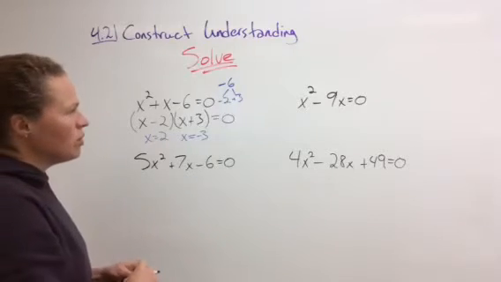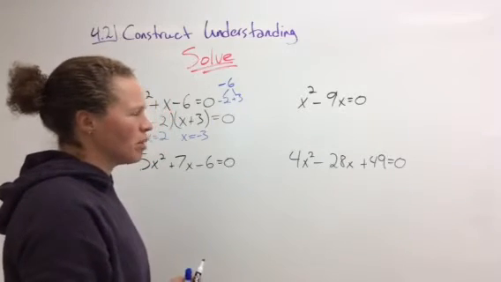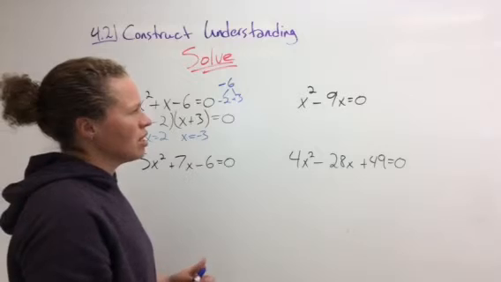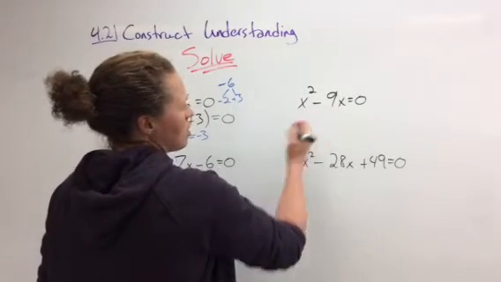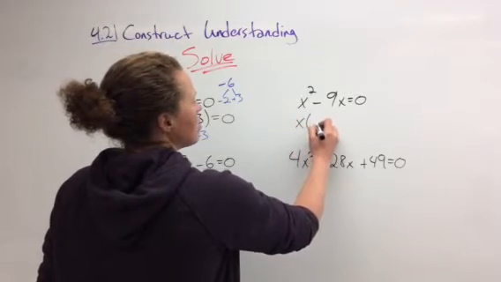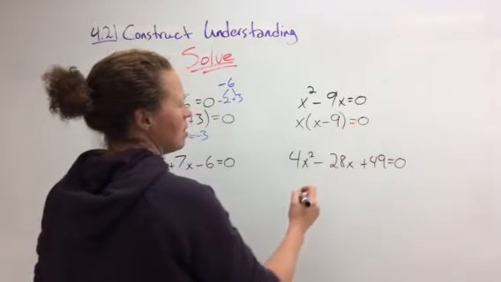So moving on to the next one over here, it's not your typical quadratic because it doesn't have a number off by itself. So the only thing I can factor out here is just an x. So I would just look at these terms and say, what's the common factor? And the only thing I've got is an x, so I would be left with x times x minus 9 equals 0.